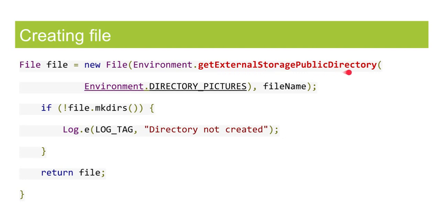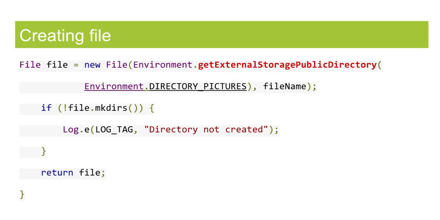Get external storage public directory pictures, and we can even use videos and other directories. These are predefined directories which we can use to open a file in that particular folder.